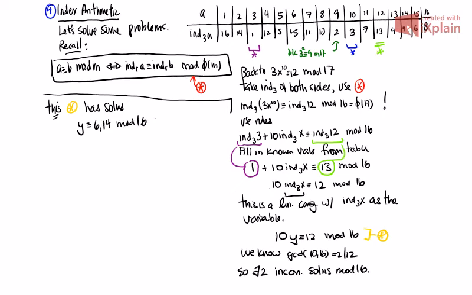If you've forgotten how to do that, you may need to review that section. In other words, this tells us that the index base 3 of x can be 6 and 14. Because remember, y is just a stand-in for index base 3 of x. It's just a little thing to remember what we're solving for.